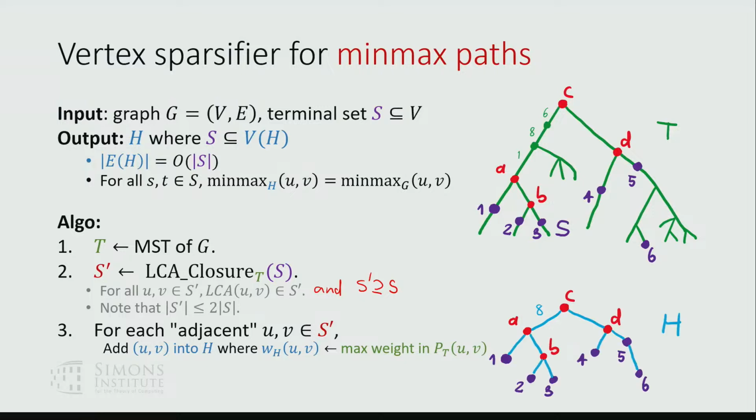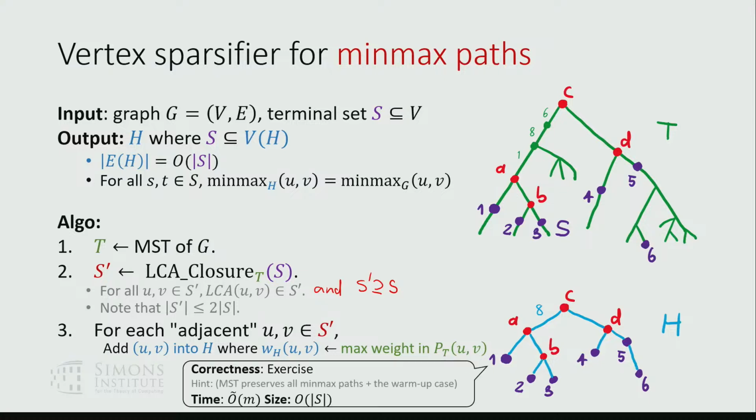You get a tree such that the vertices of H are exactly S prime, so this tree is of size order of S. And it's going to be correct, this is the correct sparsifier, because first of all, the spanning tree preserves our min-max paths, and then it's enough to apply the idea from the warm-up case.